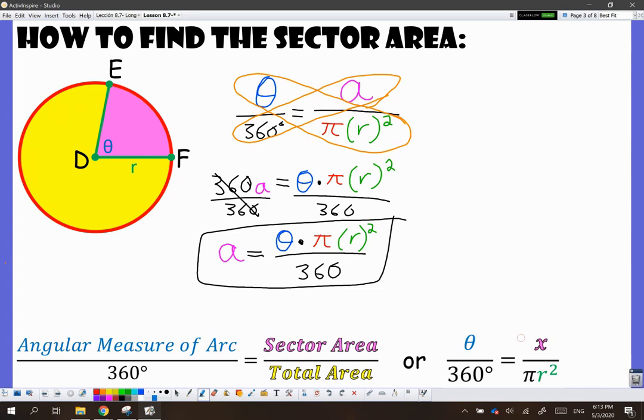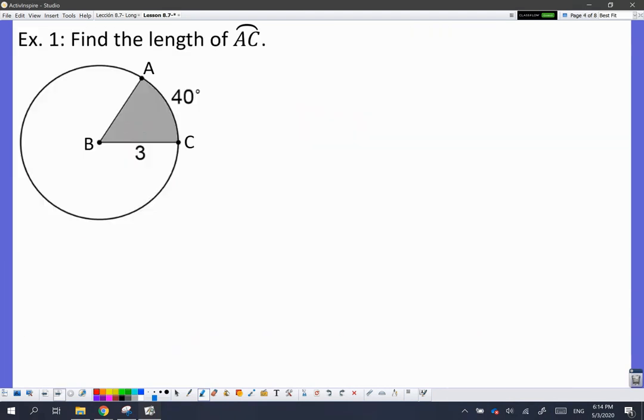We're going to go over some examples now, 4 of them exactly, so that we can put these formulas and these relationships to practice. But let's start with example 1 here. We need to find the length of arc AC. Now, it'll be very clear if they're asking for the measure of AC, which is what we've been doing in the previous assignments, or if they're asking for the length of an arc.